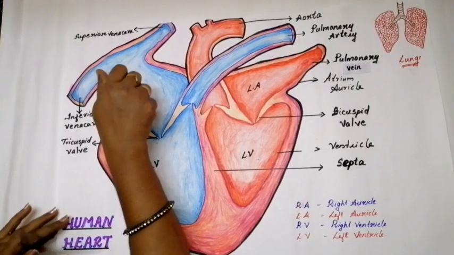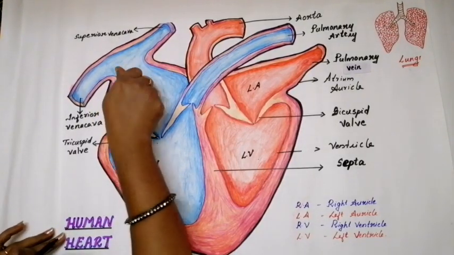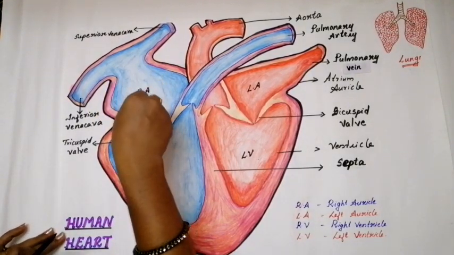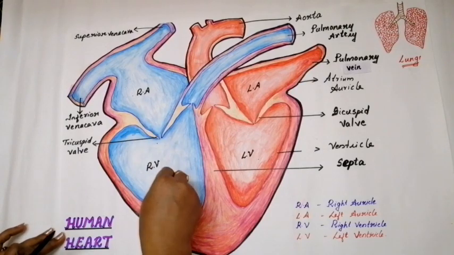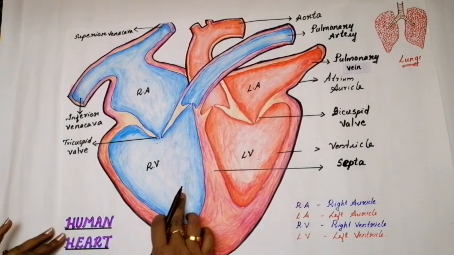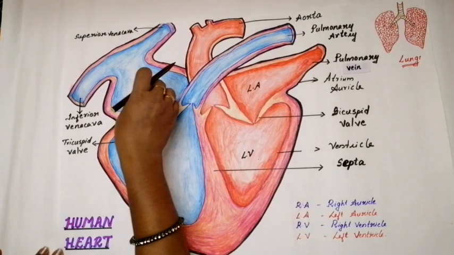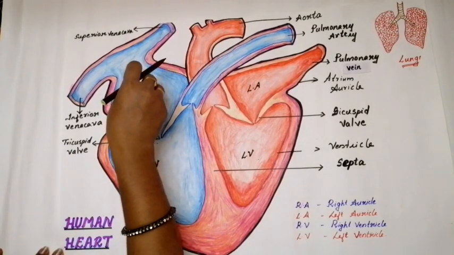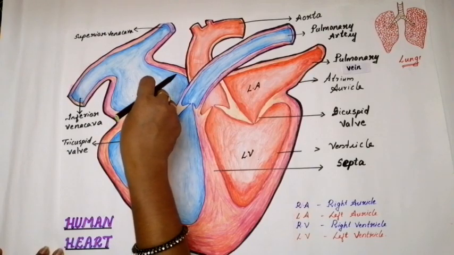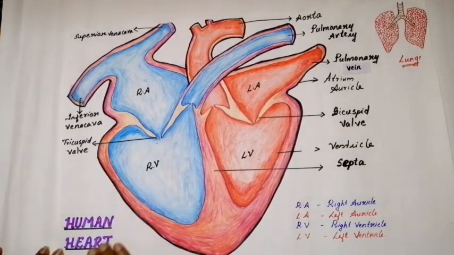Now, when the auricle contracts, what happens? This deoxygenated blood through the tricuspid valve enters into the right ventricle. So this contraction of the auricle forces the deoxygenated blood from the right auricle to the right ventricle.